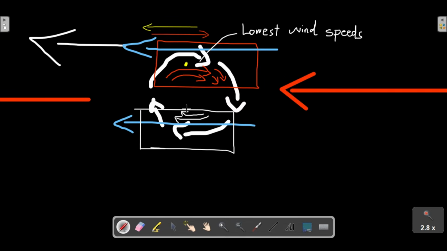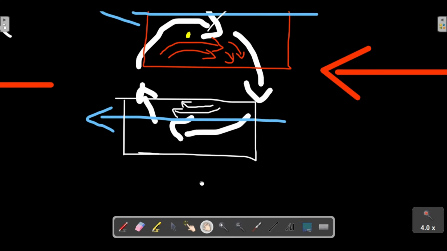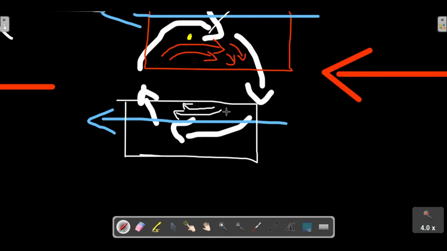In this region, if we look closely, you can see that the wind direction of these rotating winds coincides with the major wind direction, the winds that are driving this whole tropical cyclone.